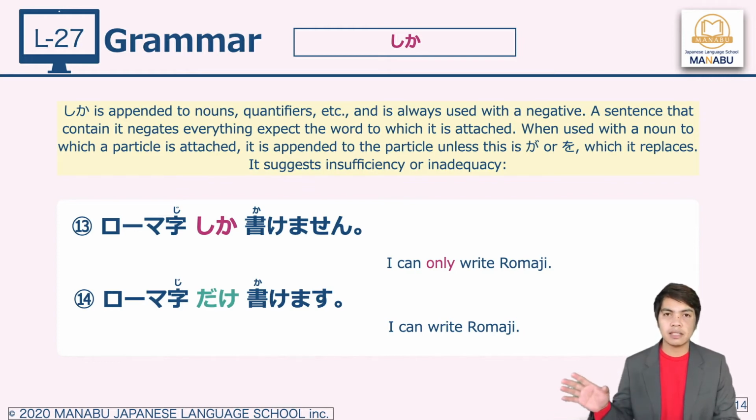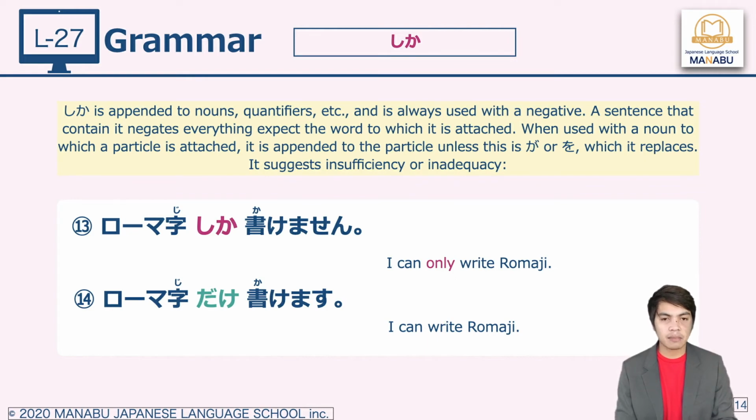So noun, then the particle, and shika. Unless this is ga or o. So when the particle of this noun is ga or particle o, you will replace the particle ga or the particle o with shika. So other than that, other particles, just add shika. So for this example, romaji shika kakemasen.